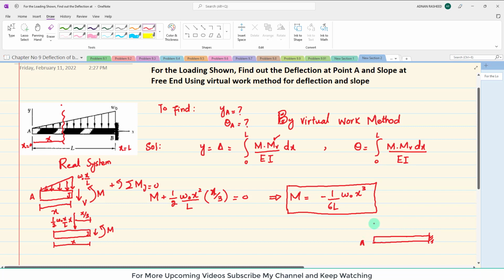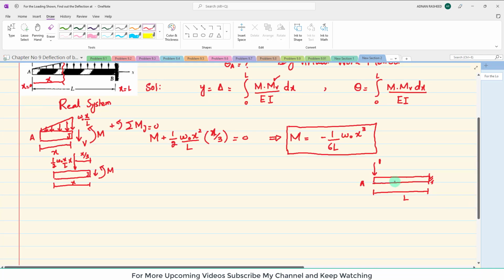Because you are interested in finding the deflection at point A, here you will apply a unit load, and the total length is L. If you cut the beam over here at section 1-1, we will draw the free body diagram. At section 1-1, this is point A, and there is a unit load, that is 1.